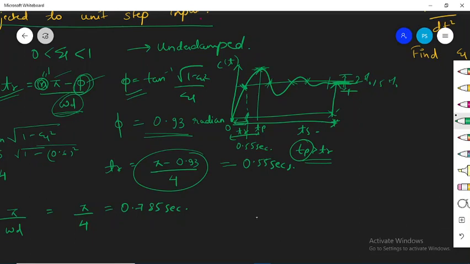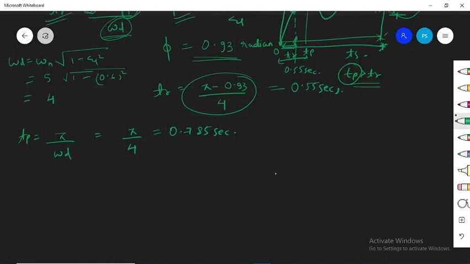And if nothing is mentioned, then you can go for any criteria. The most common criteria that we take is that we take the output tolerance value to be plus minus 2% of the final steady state value.